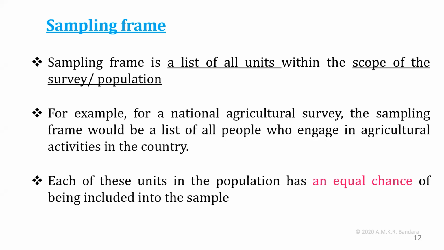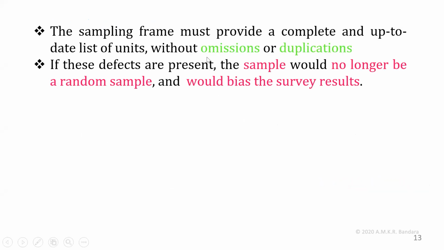In order to use simple random sampling, there should be a sampling frame. It is a must. That sampling frame should be complete. All the individuals in the population should be listed in that sampling frame. That is, there should not be omissions of any individual, or duplications of the name of an individual in that list.